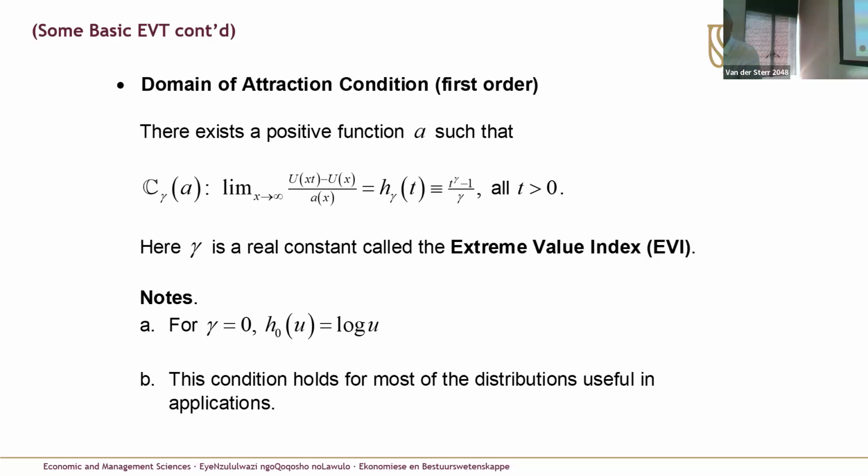The condition really says this quantity converges. What is then shown, if it converges, it must converge to this. That's the only limit that it can converge to. But the assumption really says there exists a function A such that you have convergence of this. And then the limit must be that.